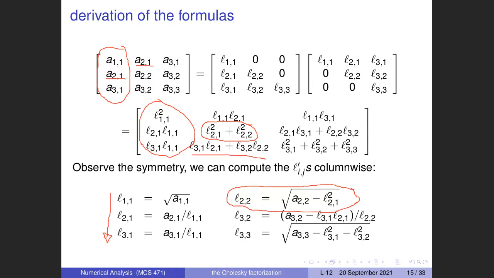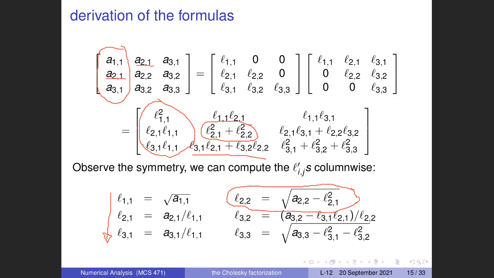Here again we see the square root coming in. Then you see formulas that are very similar to the solving of the triangular systems. We essentially subtract from the given coefficient the product of the known elements of the lower triangular matrix. And again, we can divide by L22 because our matrix is positive definite.